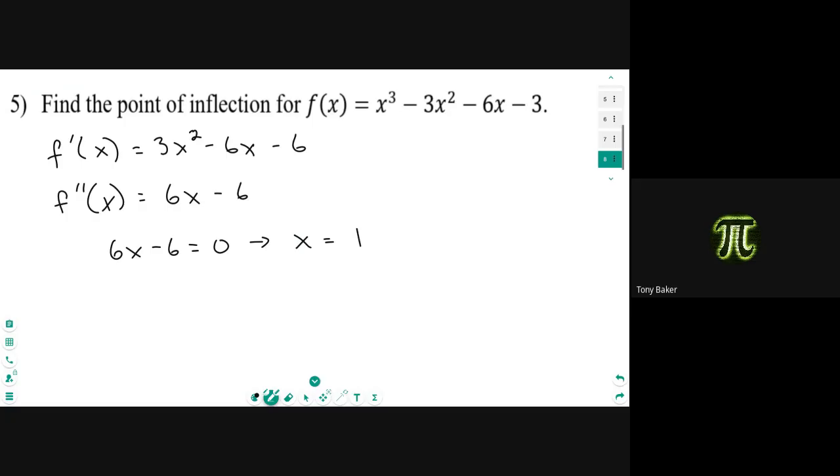All right, so we've got x equals 1 as my critical number. Is that what it's asking for?